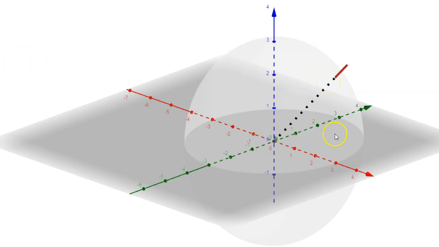Phi is this angle off the z-axis, coming down towards this black line. A change in that would be coming off further.